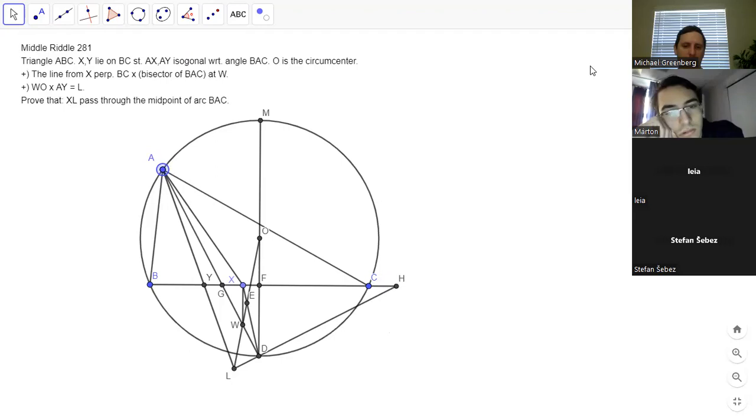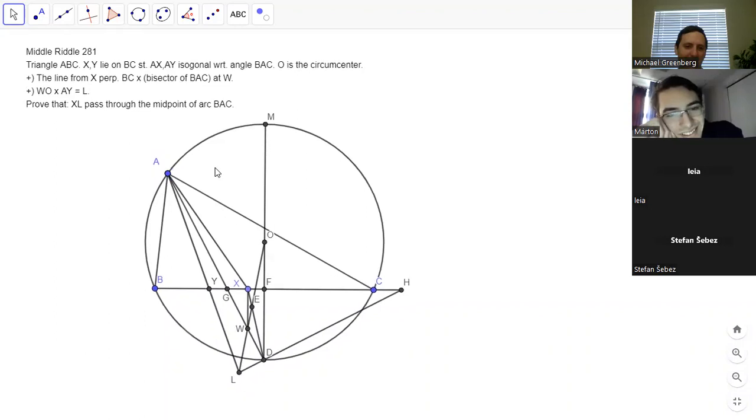Can we use moving points here? Moving points, yeah. Because we just have to show some cross ratio is -1, in other words, a harmonic bundle. And stuff like that is pretty nice with projective transformations.